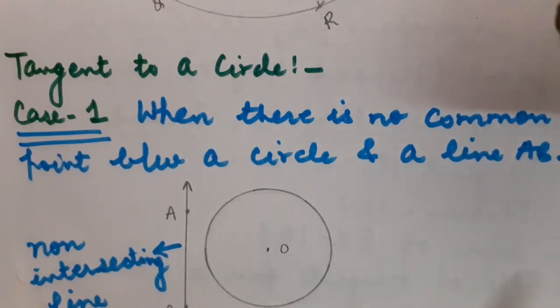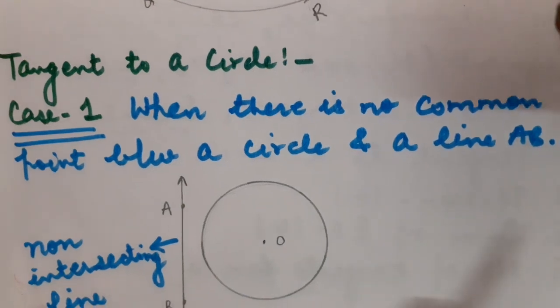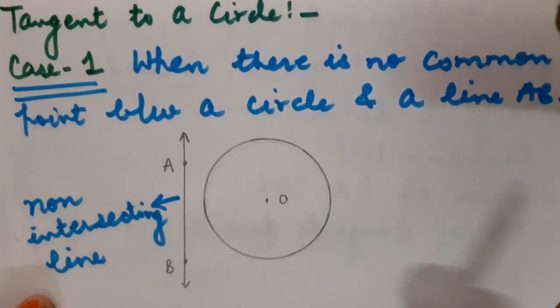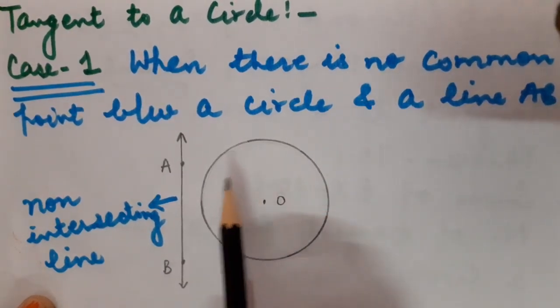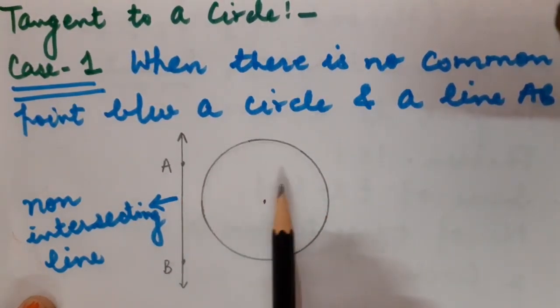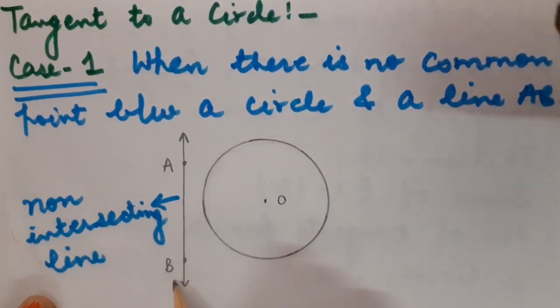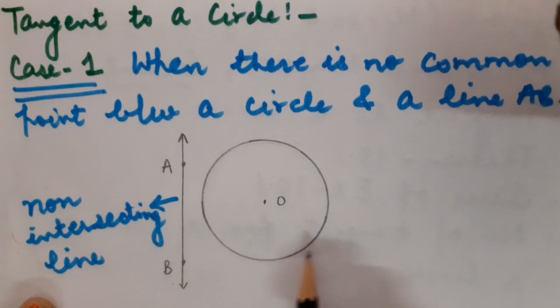So there will be basically three possible cases according to the position of the line AB with respect to the circle. Fine, these very cases I am going to discuss. So let us discuss case number 1. When there is no common point between a circle and a line AB. Fine. This is case number 1.